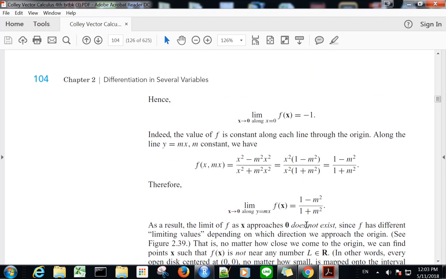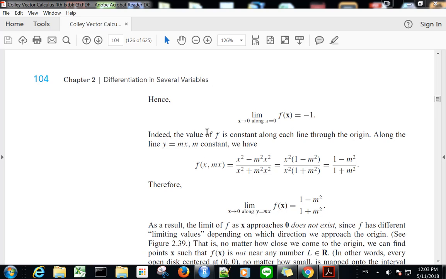So coming in along x equals 0 means the x coordinate equals 0, and the value is going to be negative 1.